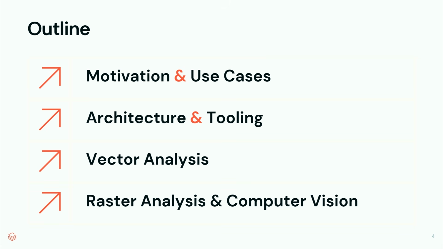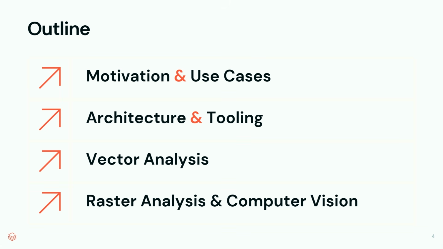And then based off that, we'll have a look at specific problems and techniques around the use of vector analysis and raster analysis. Vector analysis in the context of geospatial data is points and polygons and lines. Raster data is more when you're looking at imagery, essentially.